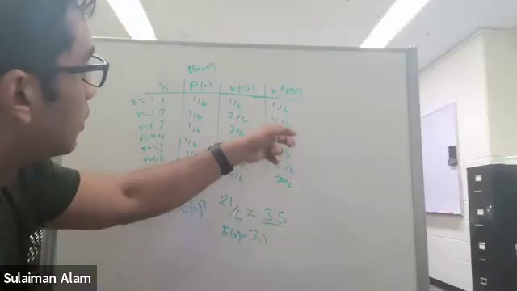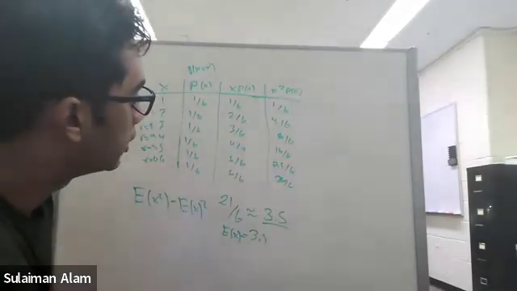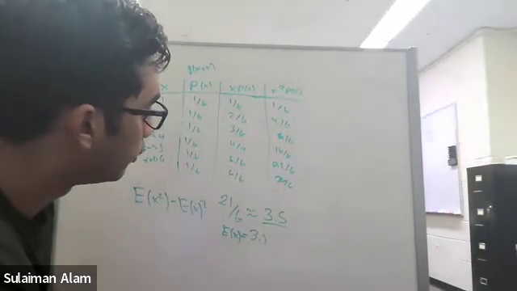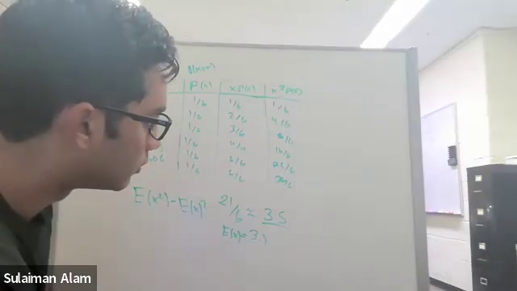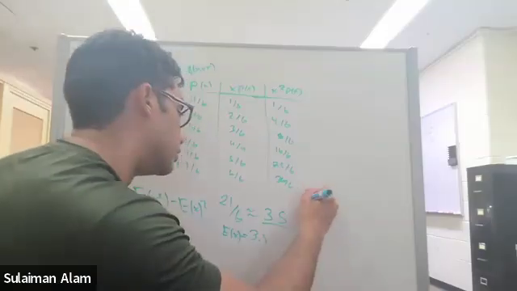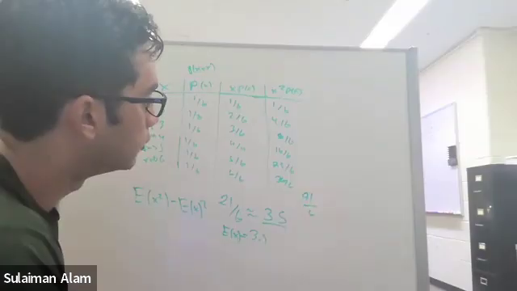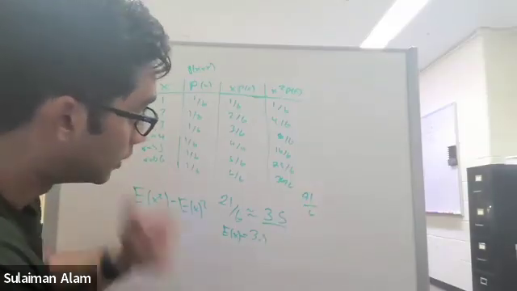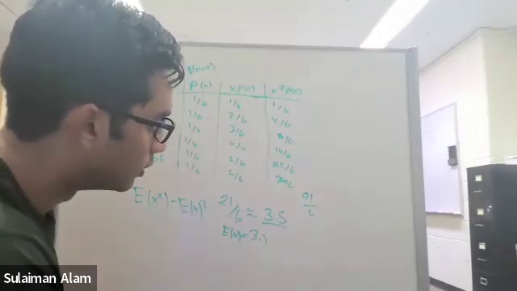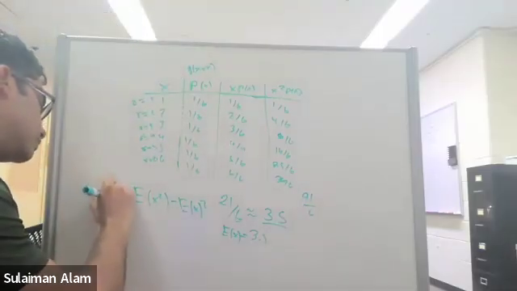This would be 1, 4, 9, 16, 25, 36. 1 plus 4 is 5, plus 9 is 14, plus 16 is 30, plus 25 is 55, plus 36 is 91. 91 over 6.